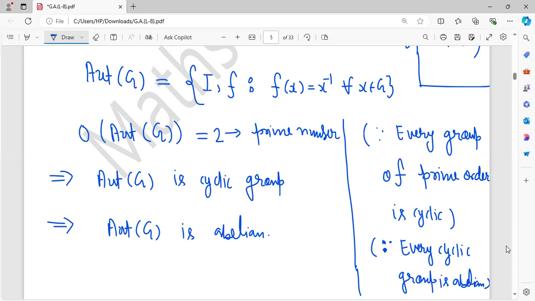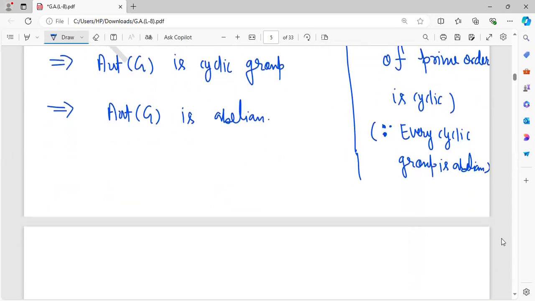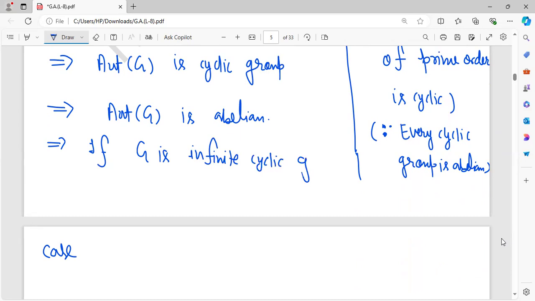Okay, so we are done. In this case we are done. Now we are doing another case, case second. If G is an infinite cyclic group, then Aut(G) is abelian.